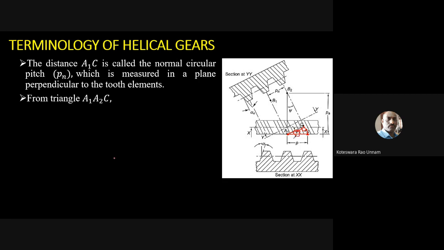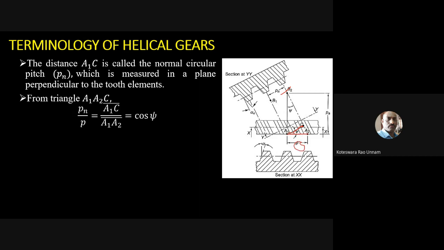So what you can write is Pn by P is equal to cos psi. So it is straightforward. This A1C is Pn, A1A2 is P.